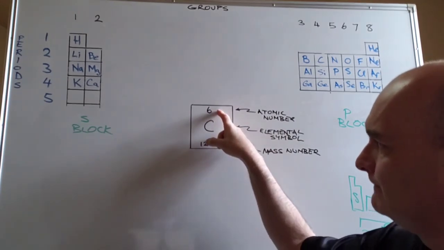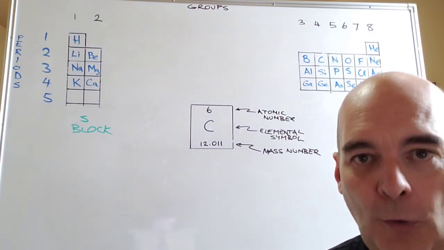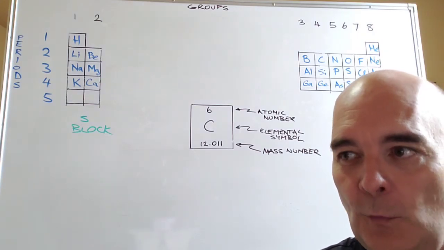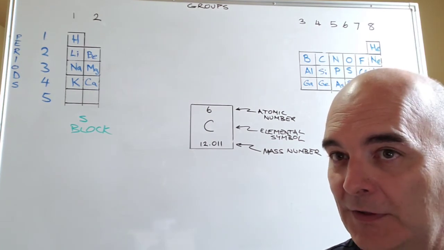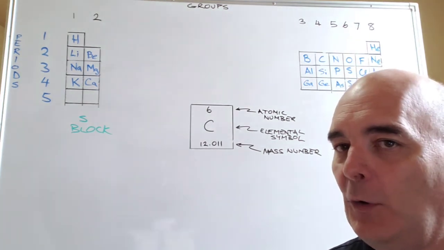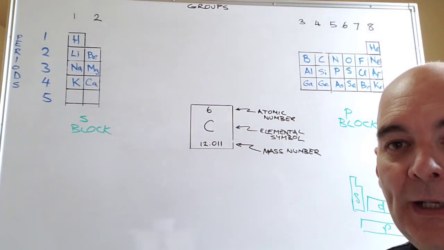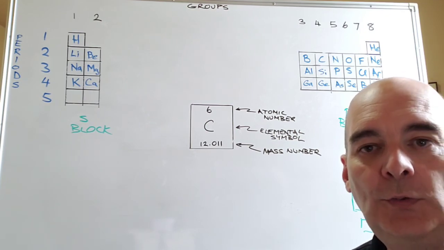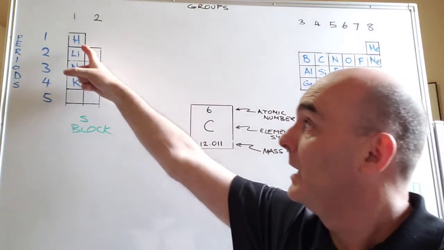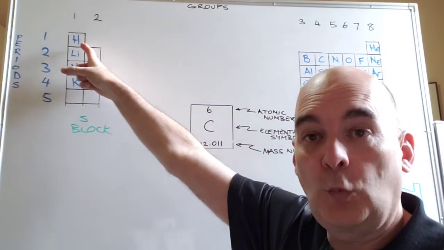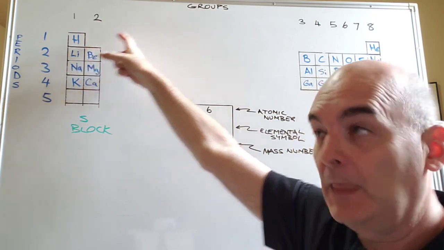The first number is an integer. Integer means whole number. When we look inside the box on the periodic table for any of the elements, one of those numbers is a whole number. That's called the atomic number, and the atomic number is equal to the number of protons. Hydrogen has an atomic number of 1. It has 1 proton in its nucleus.